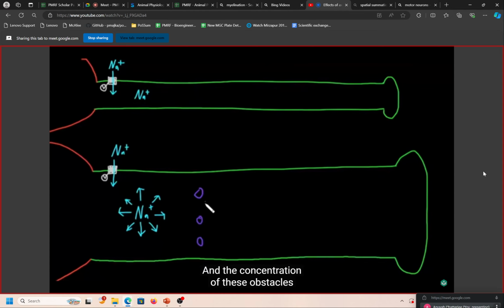And the concentration of these obstacles would be the same in the smaller diameter axon, but of course there's less cytoplasm, so there would be fewer of these obstacles, but the same number for any given volume of cytoplasm. So if we consider this to represent the obstacles in the way of these sodium ions moving down the axon, what we see is that there are fewer potential pathways for the sodium ion to move down the axon in the smaller diameter axon before it runs into something in a fairly short distance.